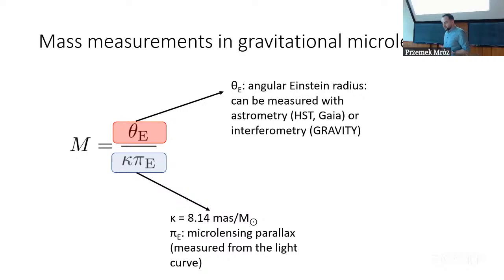So fortunately for us, there are new techniques that we can apply to measure Einstein radii for a large sample of microlensing events. And I'm going to spend much of my talk discussing these new developments. One possibility is to use astrometric measurements, for example, with the Hubble Space Telescope or with the Gaia satellite. The other possibility is to try to resolve microlensing images using interferometry.